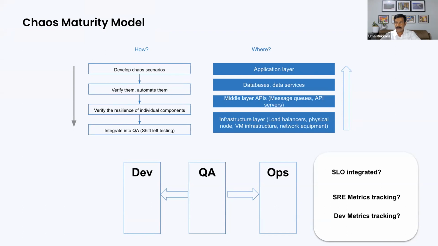false. But real chaos engineering is about building chaos culture in your DevOps. So you start with QA or pre-production, your stage environment, and QA people are the right people to start thinking about chaos.